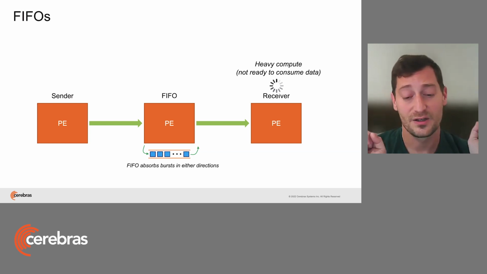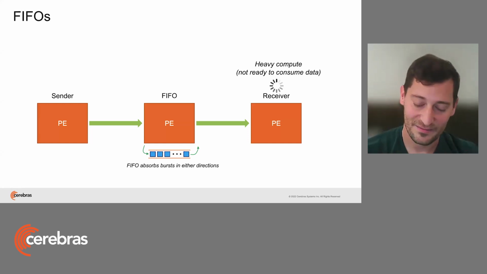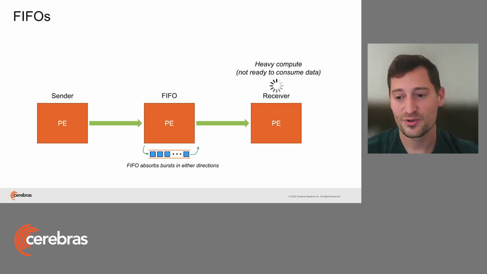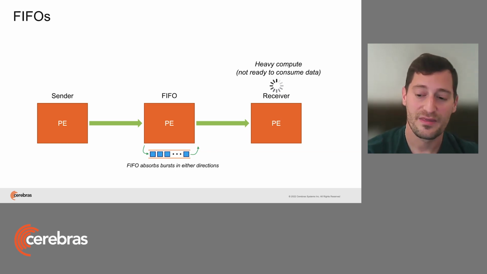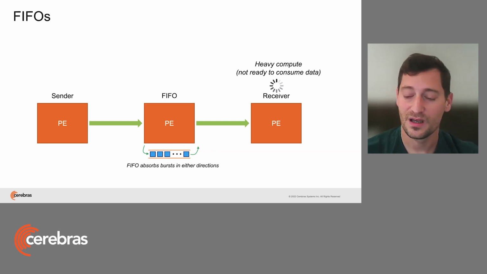So that can snowball and create back pressure, crippling more PEs in the process. And by using that FIFO PE in the middle, we can receive data as soon as they are available, and then send data out as soon as they are requested. So we can effectively overlap communication and computation.